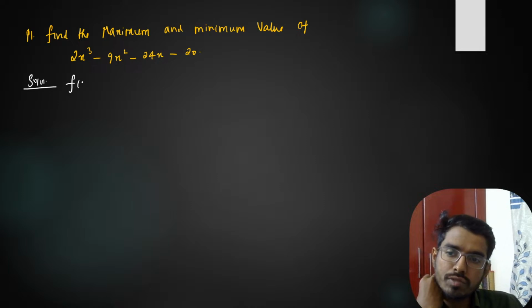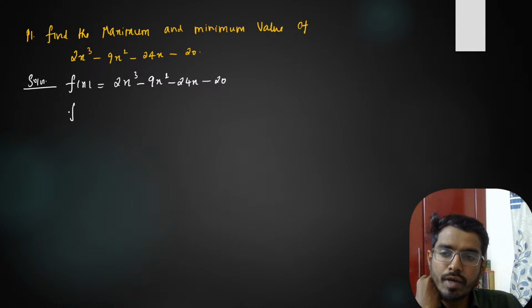First, we have a function f of x is 2x cube minus 9x square minus 24x minus 20. First we will find all those points where the derivative is 0. So what is f dash of x? 2 into 3x square, 9 into 2x, 24, is equal to 0.